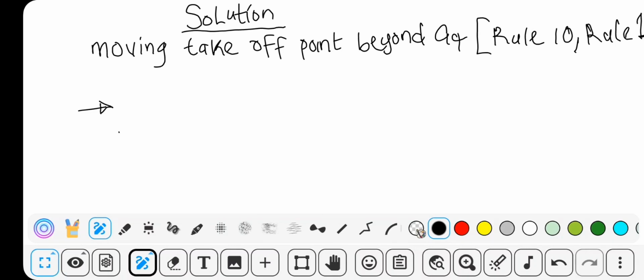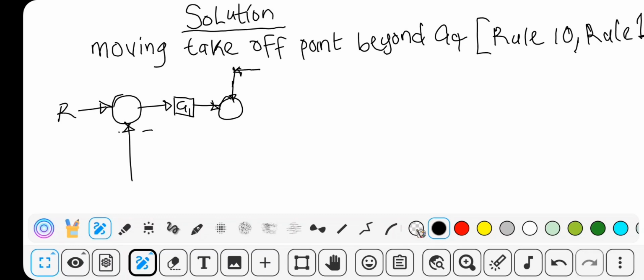you're going to have the block diagram like this. This will now be the arrow, your input, and this will be G1, and this will be H2. This was where I applied rule 1.